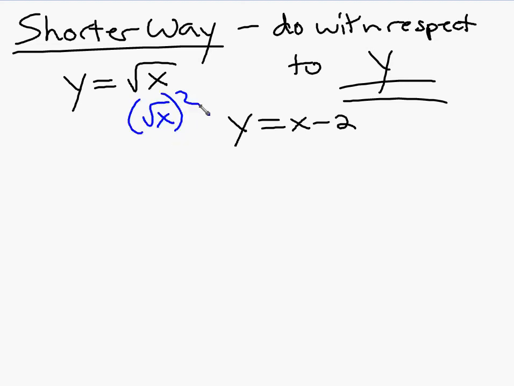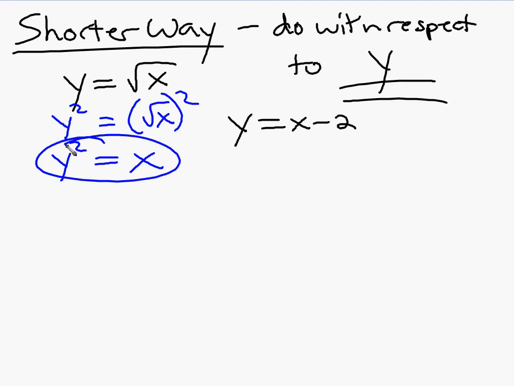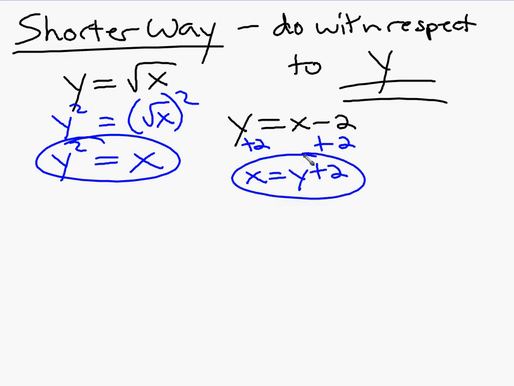The square root of x squared equals y squared, and I find out that x equals y squared. This one, I just add 2 to both sides. So x equals y plus 2.